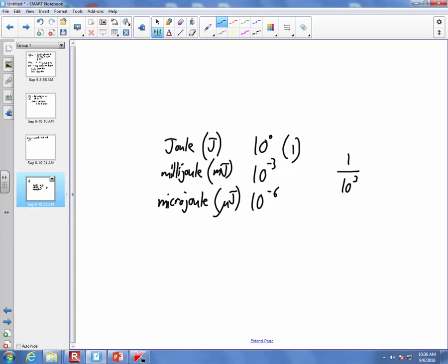If you go down another 1,000th, so 10 to the negative what? 9. It's used to describe certain kinds of very, very small technology.